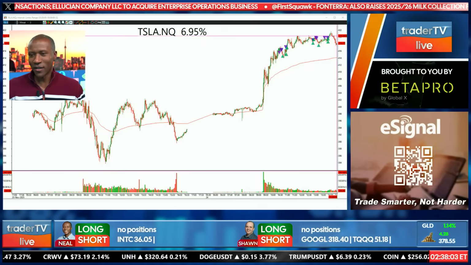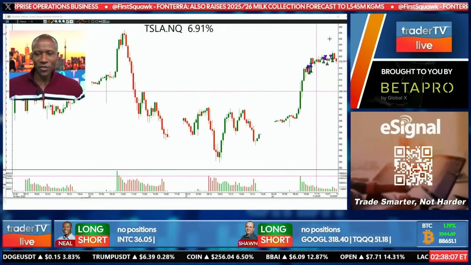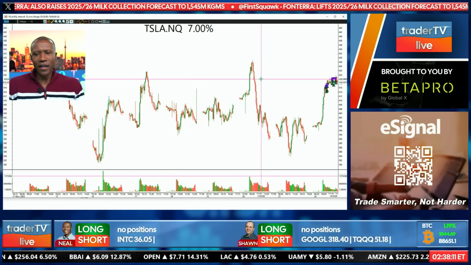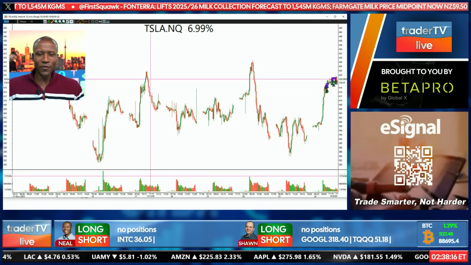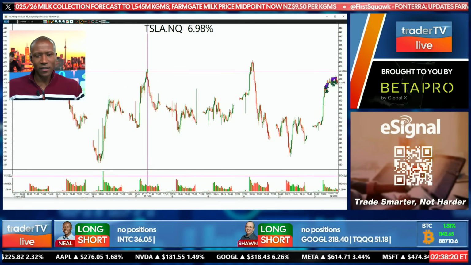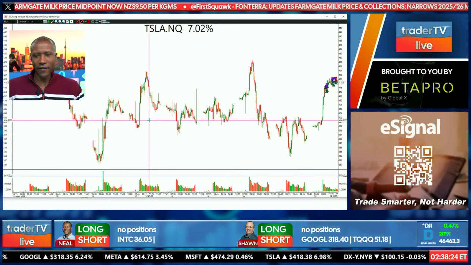Back to Tesla just for a quick second here. I already mentioned the 420 as we came to the show. The observation I will make, always trying to be a little bit better about these, is it's not as if this has been losing 420 the last little bit here. However, on a 15-minute chart, it's gone kind of parabolic past 420 and then turned around.